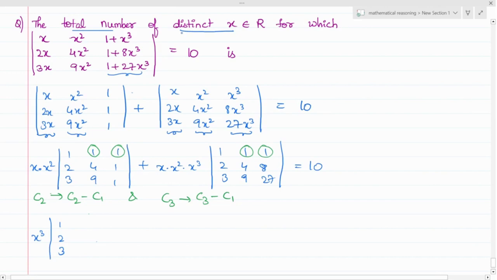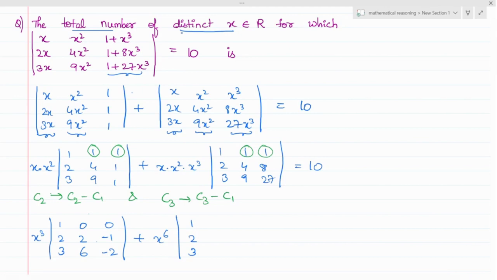Column 2 changes: 1 minus 1 is 0, 4 minus 2 is 2, 9 minus 3 is 6. Column 3 also changes: 1 minus 1 is 0, 1 minus 2 is minus 1, 1 minus 3 is minus 2. Similarly here, plus x power 6, column 1 remains as it is, 1, 2, 3, column 2 changes as C2 minus C1: 0, 2, 6, and C3 minus C1: 0, 8 minus 2 is 6, 27 minus 3 is 24, and this is equal to 10.